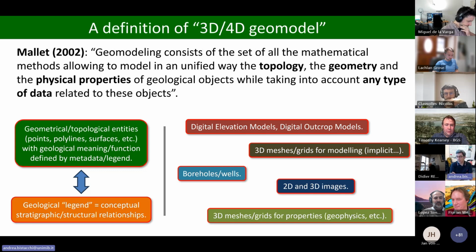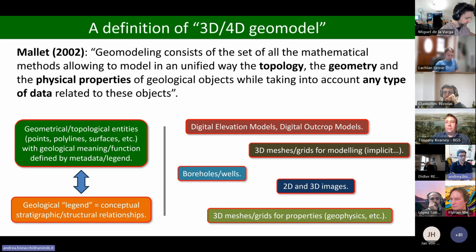And so we started thinking about what we need to do to build 3D geological models in practice with application problems. And we went back to the original definition of geomodeling by Jean-Laurent Mallet that says that it is important to model in a unified way the topology, geometry, and physical properties of all geological objects, but it is also important to take into account any type of data related to objects.